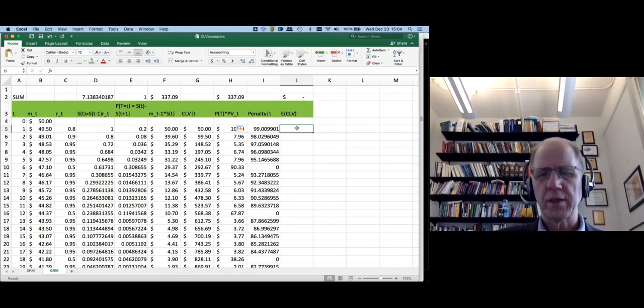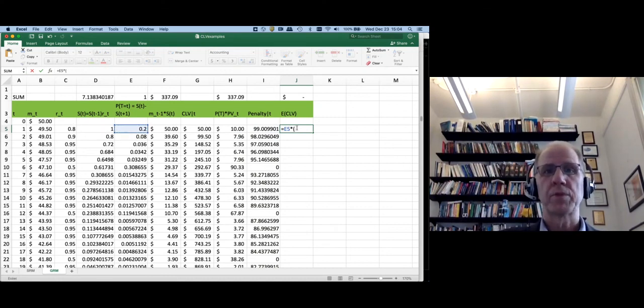So what's CLV? Well, this is going to be the probability of t times whatever the value is. So what's the value? Well, you're going to get something from the payments plus something from the penalty. So I just add those up, multiply it by the probability.